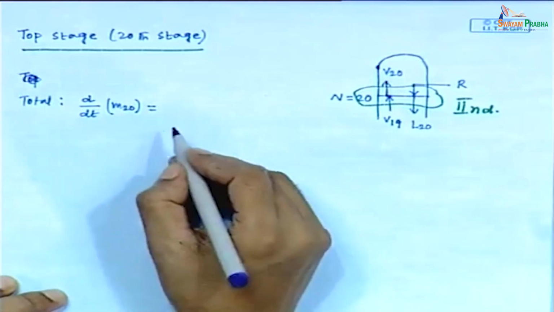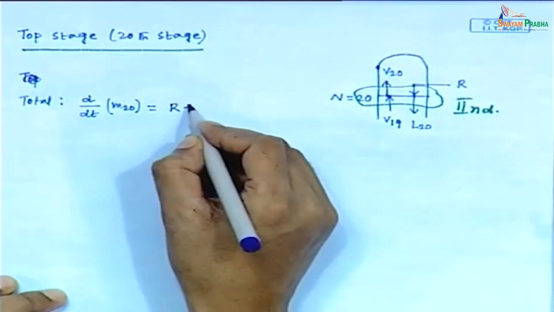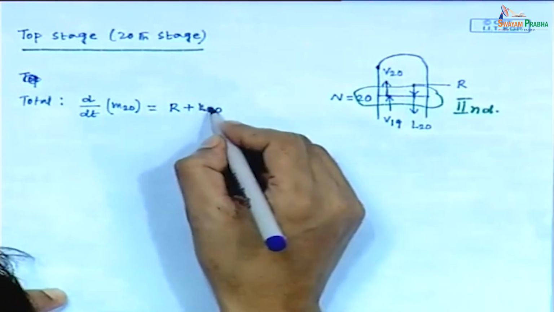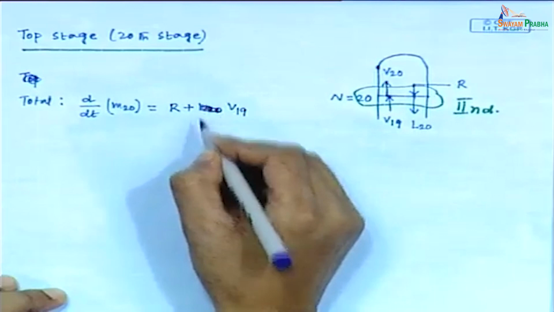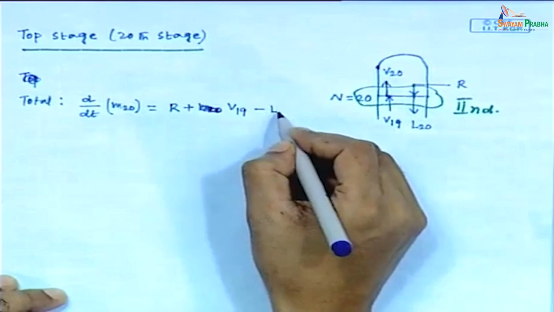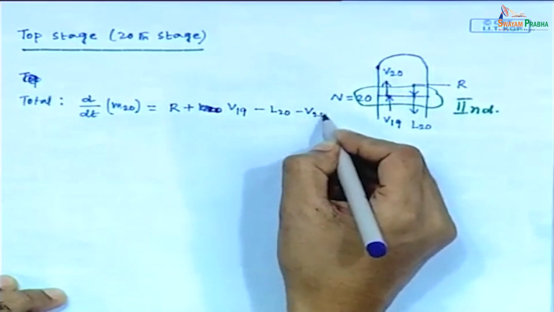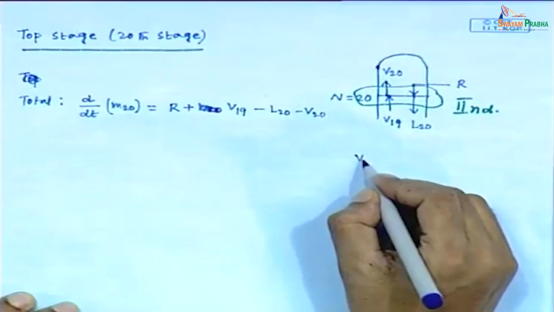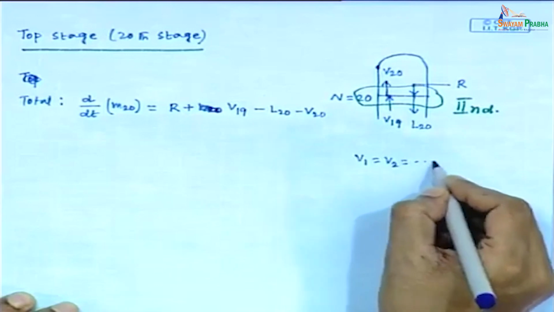What are the input flow rates? One is R, another one is V19, and the outgoing streams are L20 and V20, input minus output. Now, based on the second, fourth and fifth assumptions, we have concluded that all the vapor flow rates are identical.